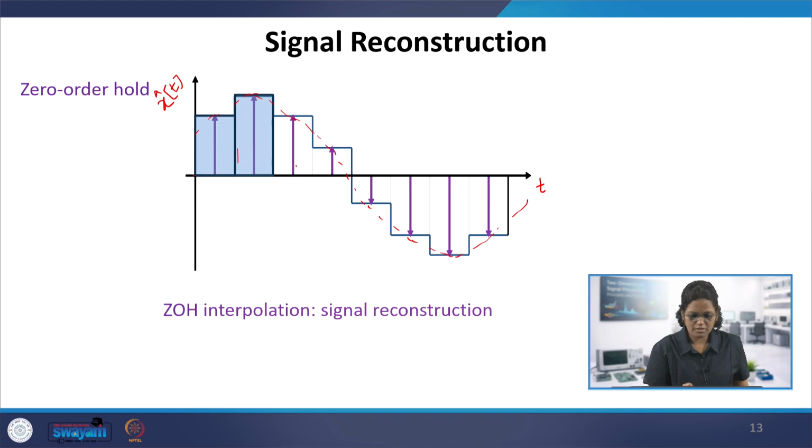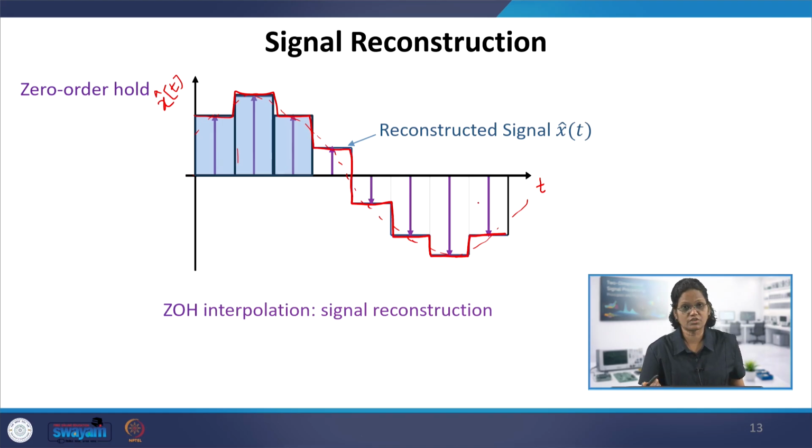Similarly the third impulse passed through the ZOH shows this response, and so on for the fourth. What we get ultimately is this signal, which is the reconstructed signal, closer to the value of the signal x of t. The reconstructed signal is x hat of t.